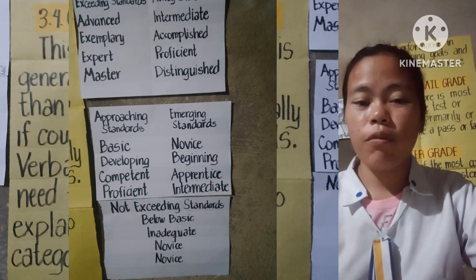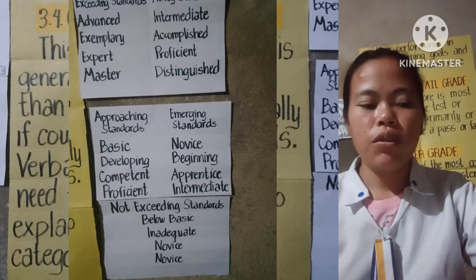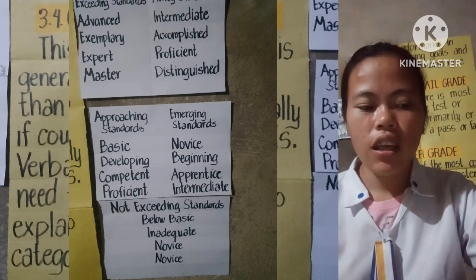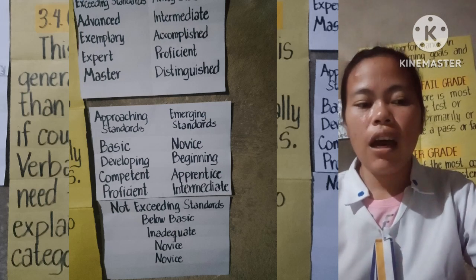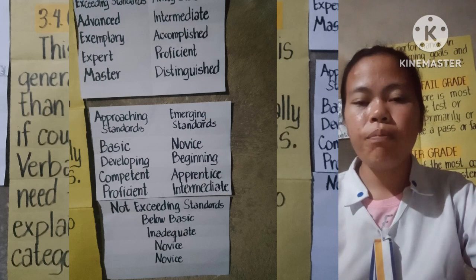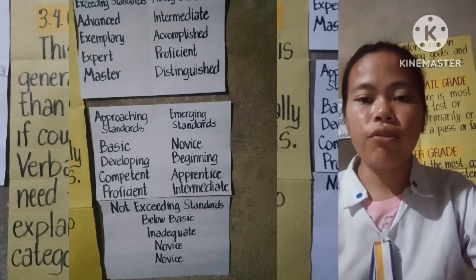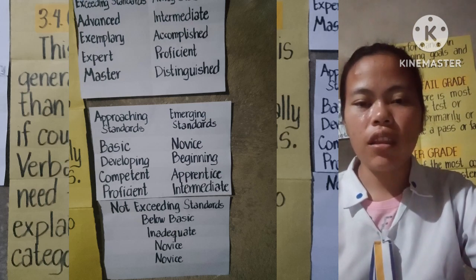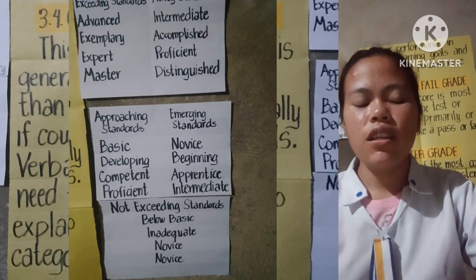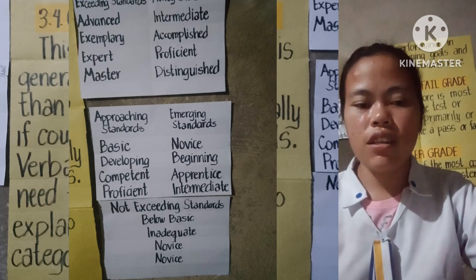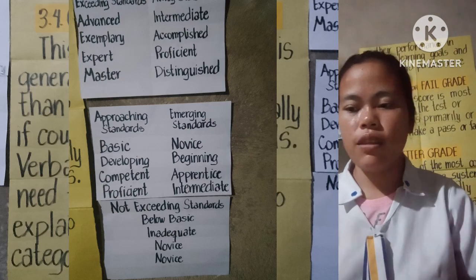When you meet the standards, you will be graded as intermediate, accomplished, proficient, and distinguished. Approaching standards: basic, developing, competent, and proficient. Emerging standards: novice, beginning, apprentice, intermediate. Not meeting standards: below basic, inadequate, and novice.